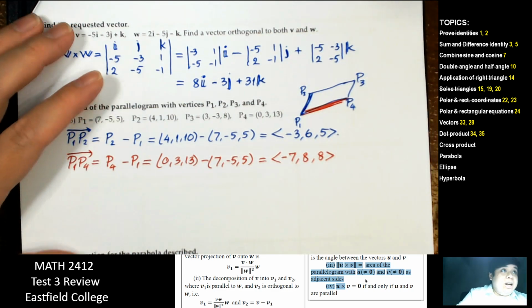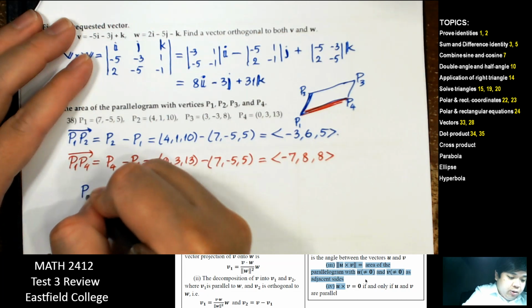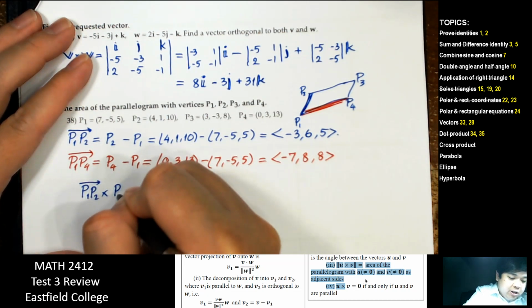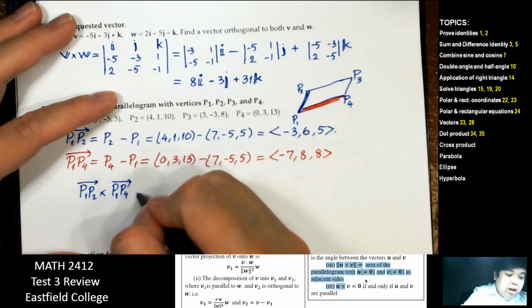And then we just do the cross product of these two, and at the end we will find the magnitude later.